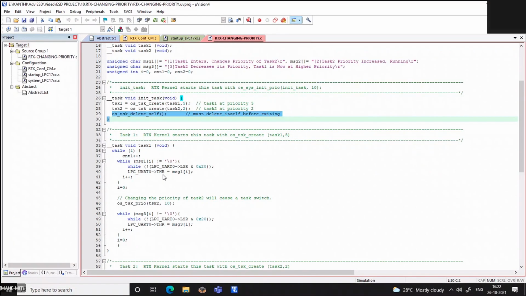Then we have task 1. Say while loop. As I mentioned, I just increment the count randomly. The count will keep incrementing, and here I am putting a message. This is message 1. You display that message till the null character, but for which, since I'm using the UART for transmitting the message, so till the status register is high, right?